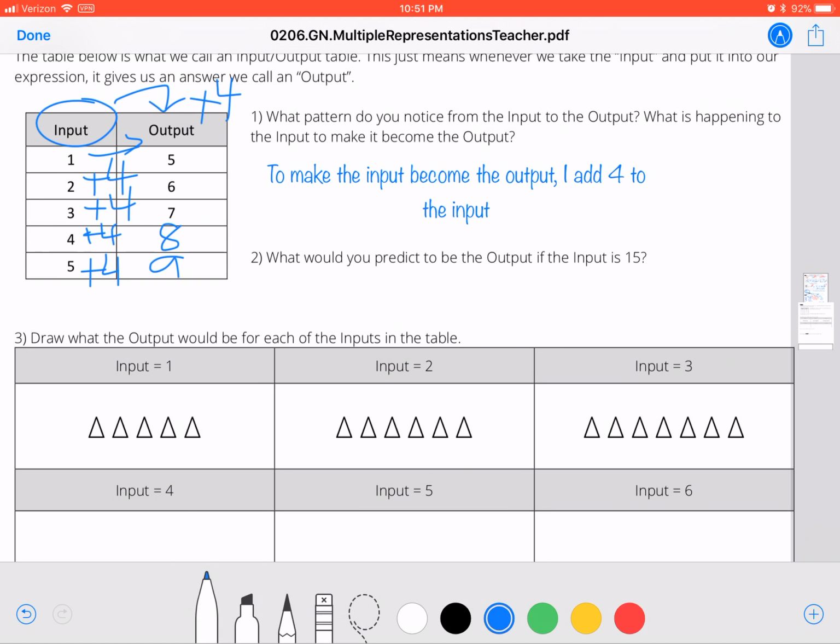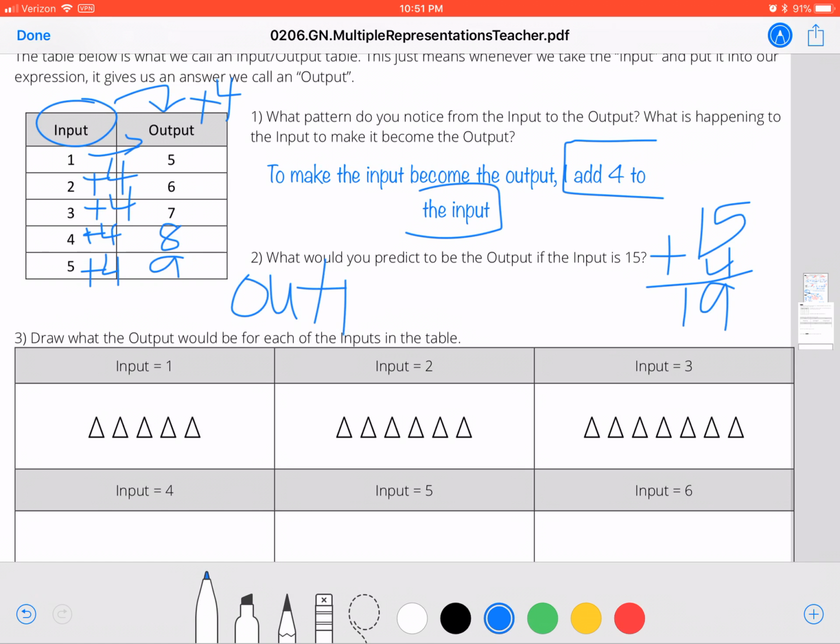Well, we already said we add 4 to the input. That means I would take 15, add 4, and get 19. So my output equals 19.